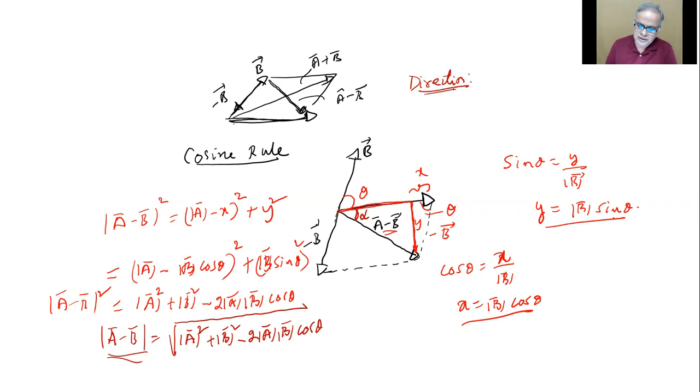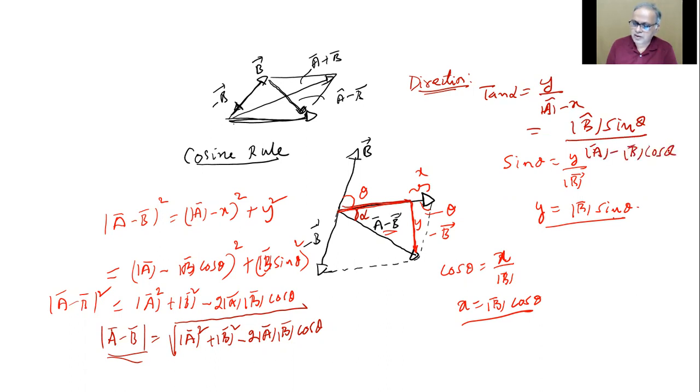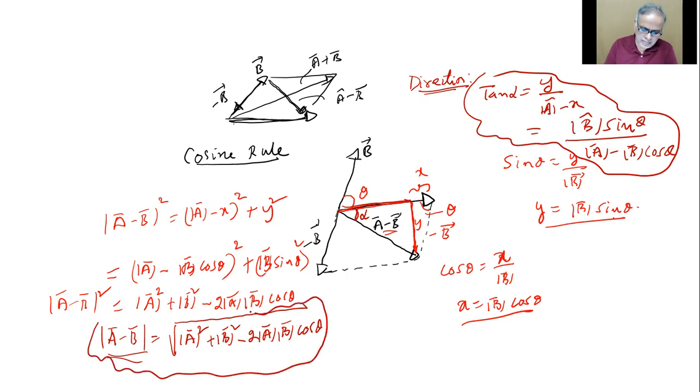That is tan alpha equals y by mod A minus x, this length, which is mod B sin theta divided by mod A minus mod B cos theta. This is for tan alpha. This is for the magnitude, that's for direction.